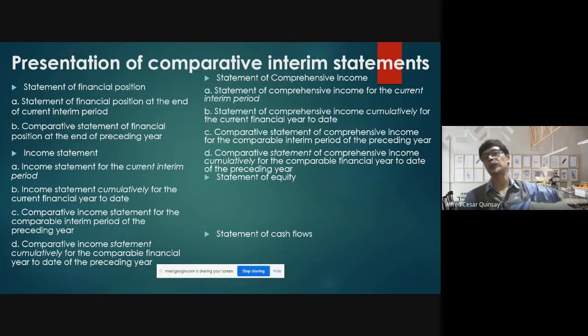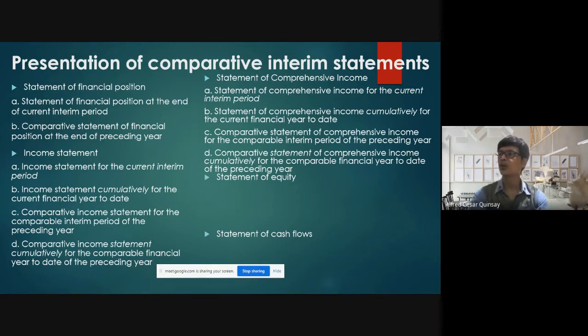So as of December 31, 2019, kasama yon, no? Okay, dito sa statement of comprehensive income, para rin maikumpara siya dun sa current year, no? Kung ano yung nangyari during the previous year, from year up to the year to date ng 2019 and yung year to date ng 2020, yung current year, no? Okay, if let's say 2020 is the current year, no?